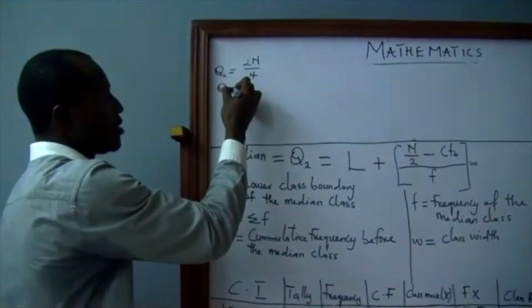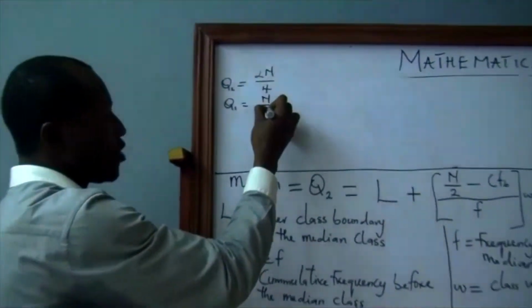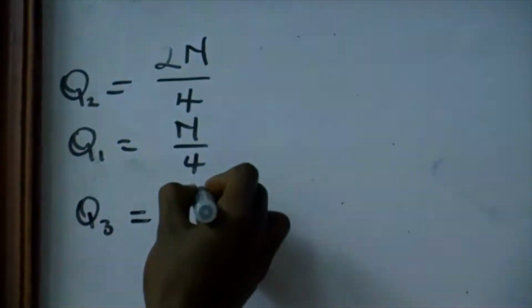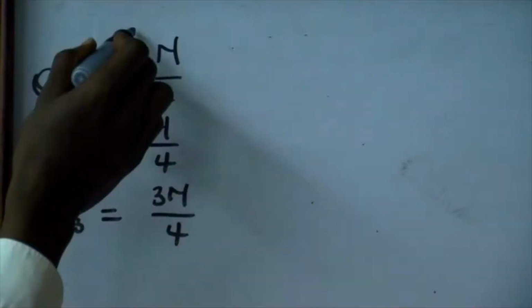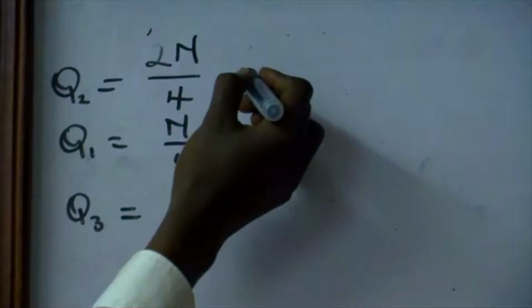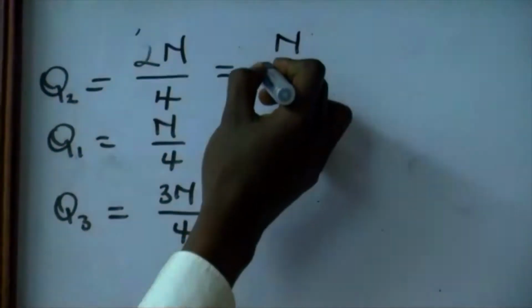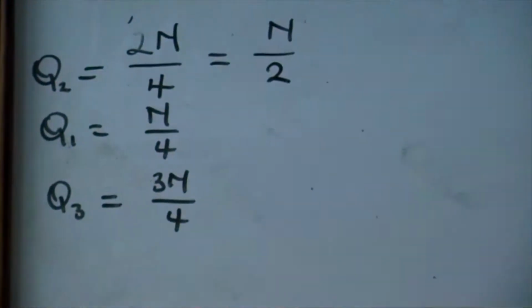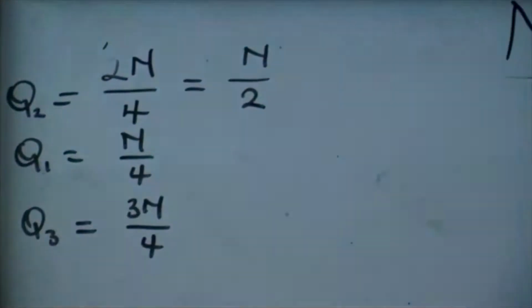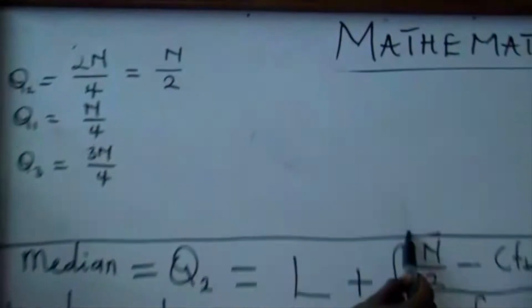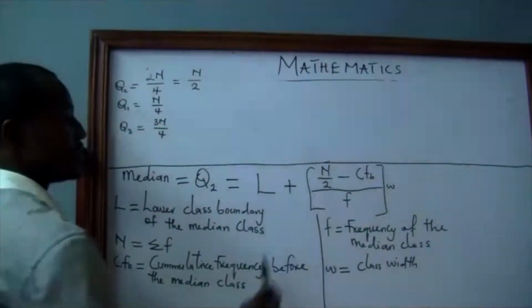Q1 is n over 4, the quarter, and Q3 is 3n divided by 4. But in this case, if I divide 2 and 4 by 2, I have n divided by 2. So n over 2 is very obvious in my formula. This will help me to locate the median class.